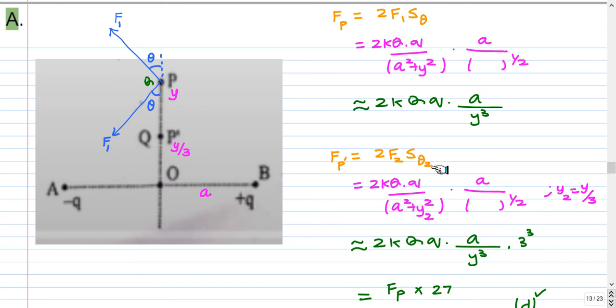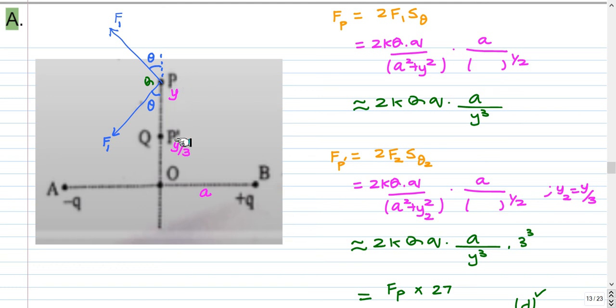Under the approximation given in the question that y is much larger compared to a, we can neglect a squared compared to y squared here and here. So y squared and y will combine to give y cubed. So the force is this expression.